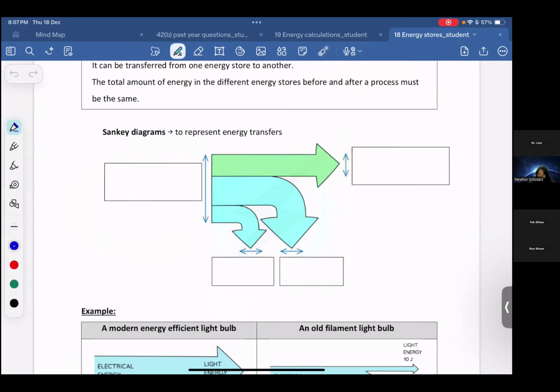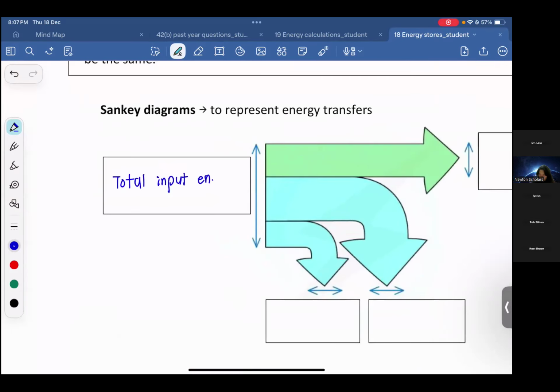Okay. So from here, the input is the total. We write down total input energy. At the front part is the total input energy. So let's say here I say that is 100%. Starting is 100%.